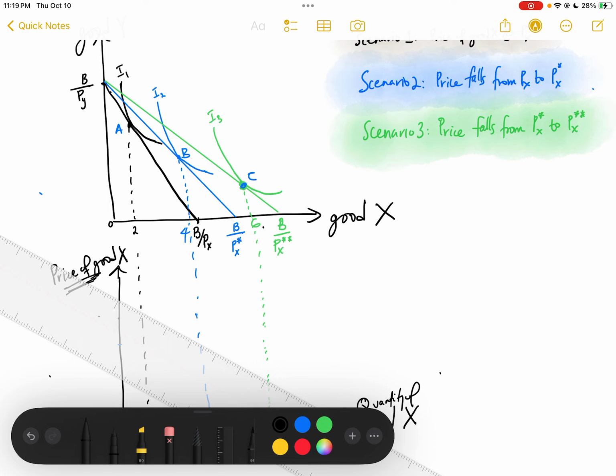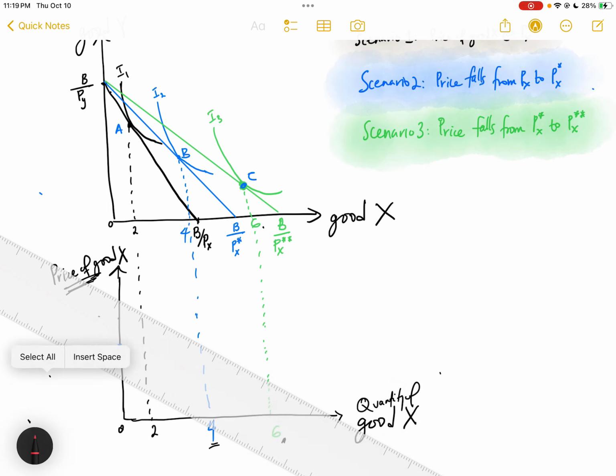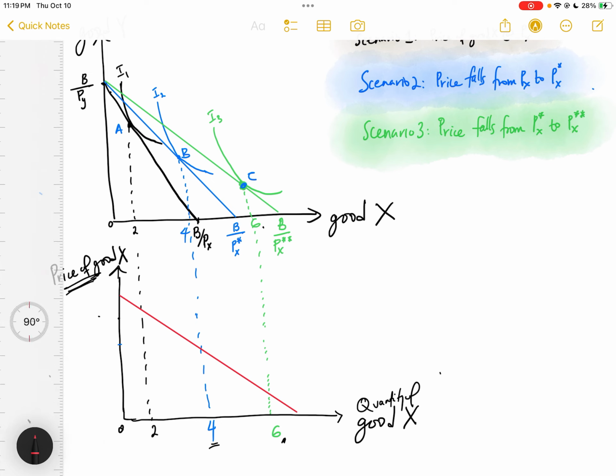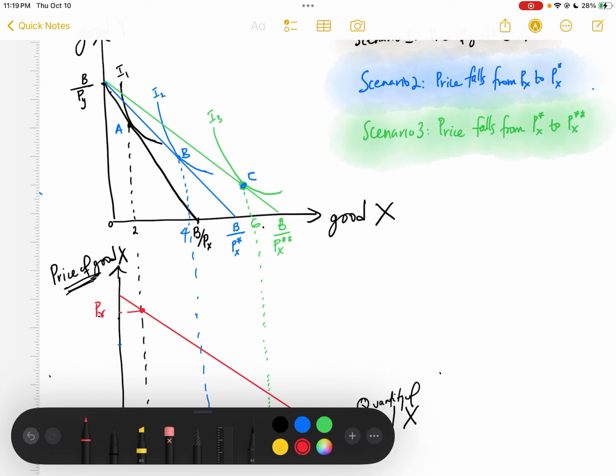I will start off by picking a red color and drawing that. So from here, the very first one, price was at PX. Oops.